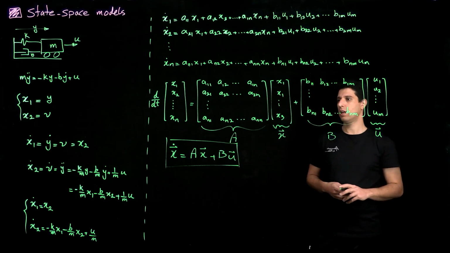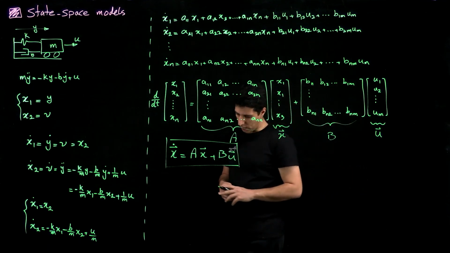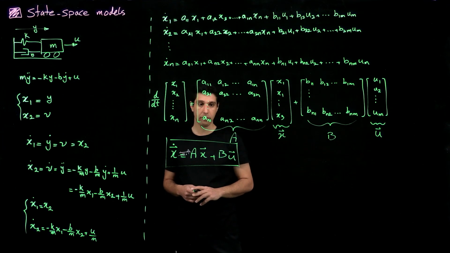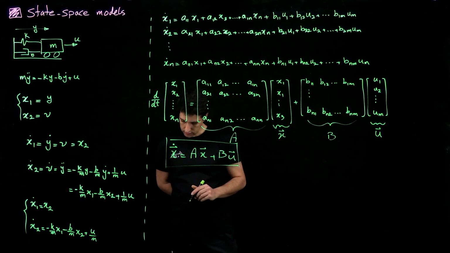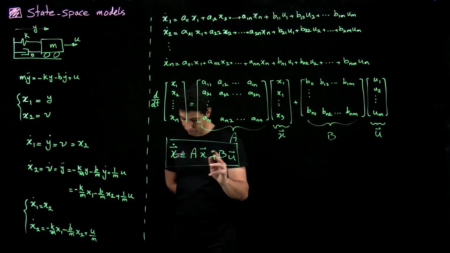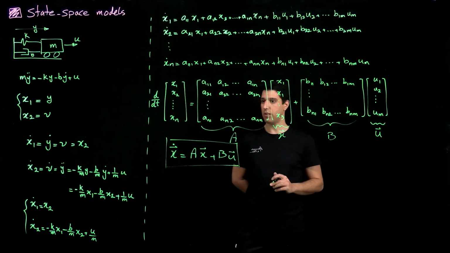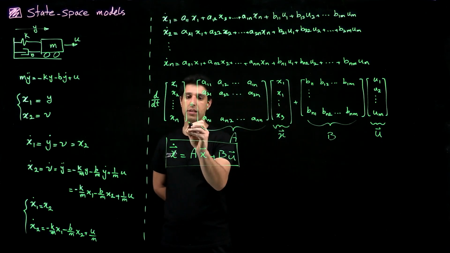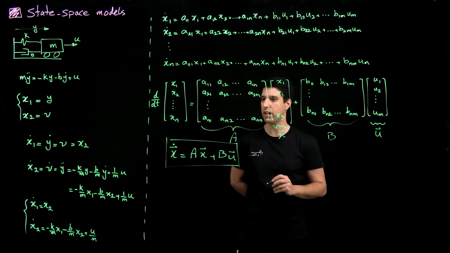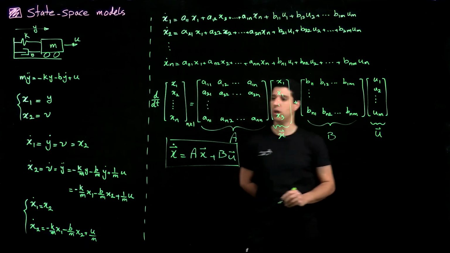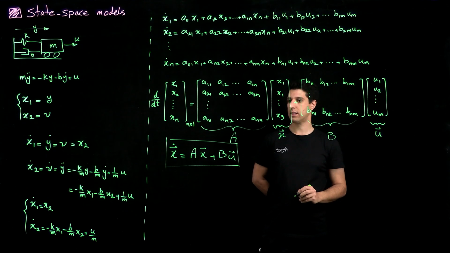Let me check if I'm not missing anything. The input matrix, the state matrix. Okay, so this is the vector of derivatives of states. I have n states. Usually these are the standard notations. So I usually have an n by 1 state vector.